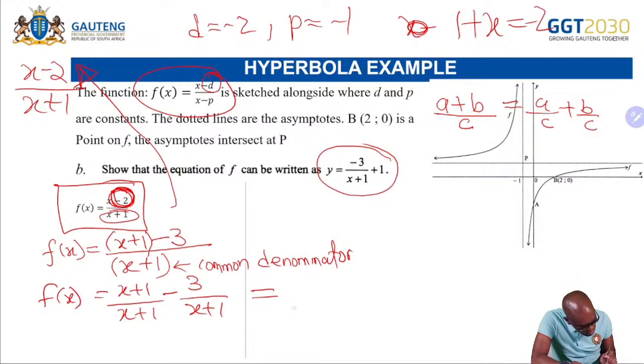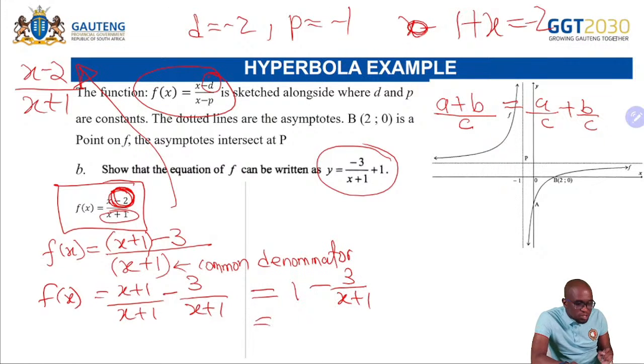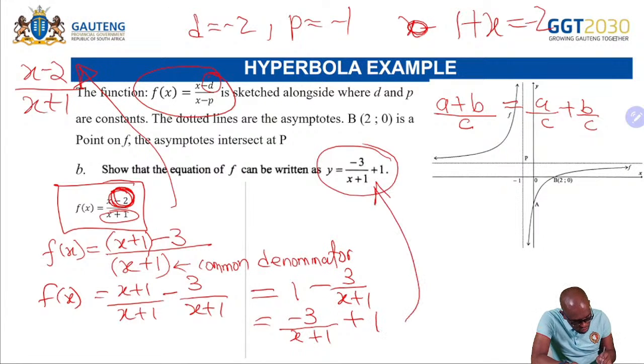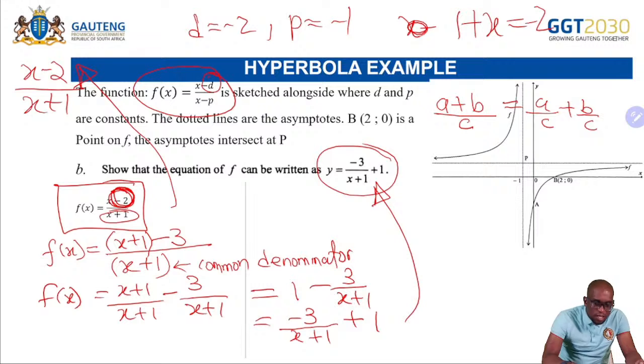of x, this would be 1 minus 3 over x plus 1. And the standard form would start with this part here, negative 3 over x plus 1, and then plus 1 there. So I was able to show that it can be written in that form. Now, we move on from that.